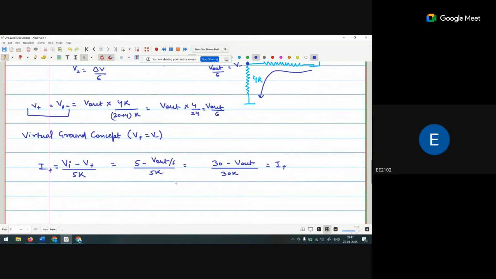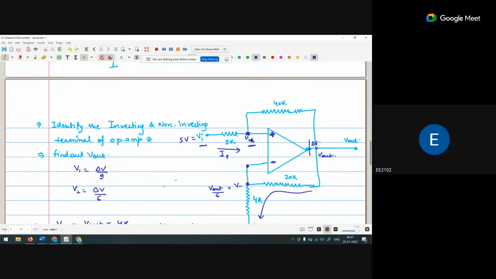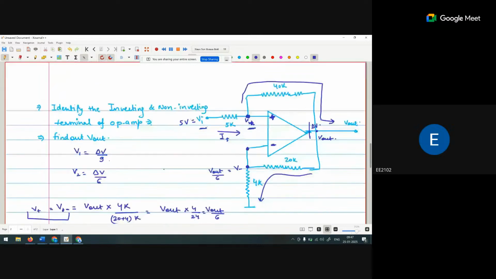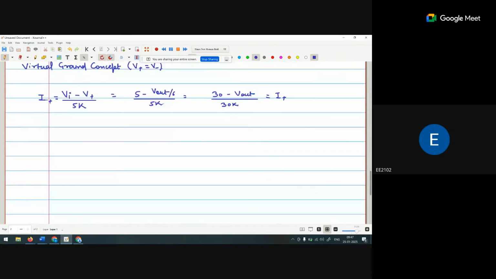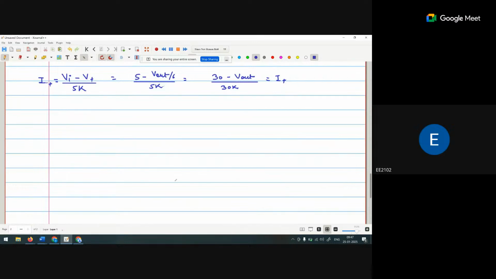The current coming from this branch will be going to this branch. What is the value of current? The value of current is V positive minus V out upon 40K.